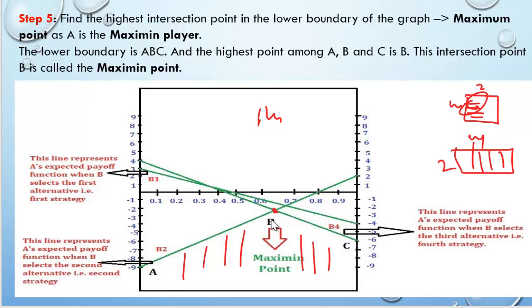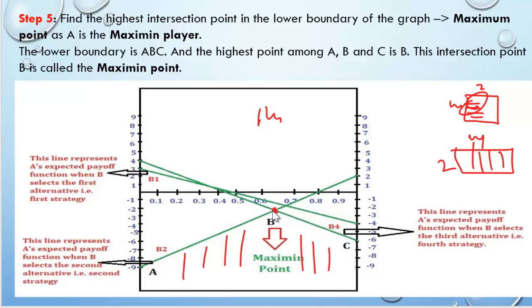So we always try to see the maximum point in this scenario. So after plotting the graph, just go for the lower area and try to see the maximum intersecting point. That is your maximum point. This point is called the maximum point, and I see that only 2 lines are joining it. Only 2 lines are on this point.